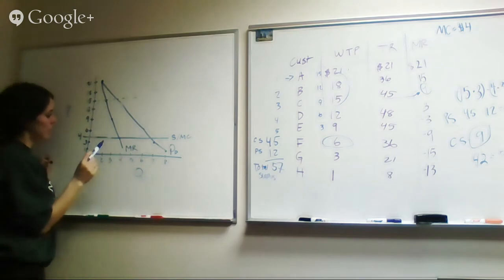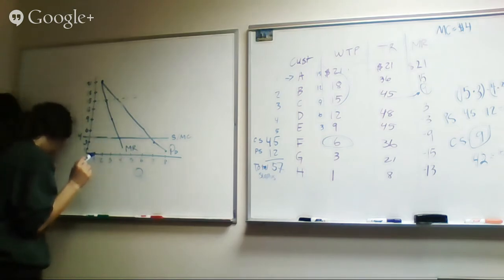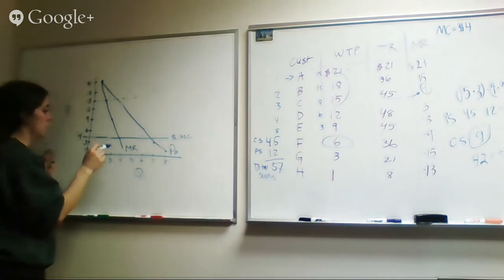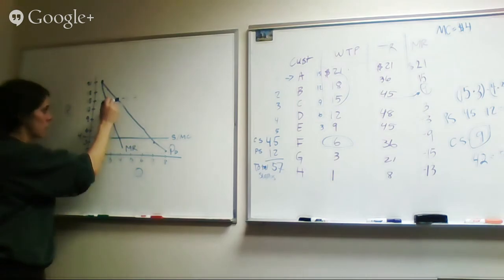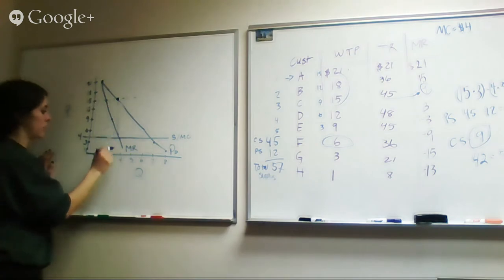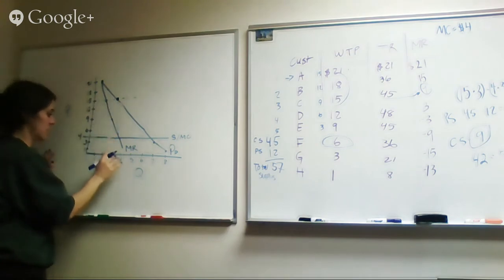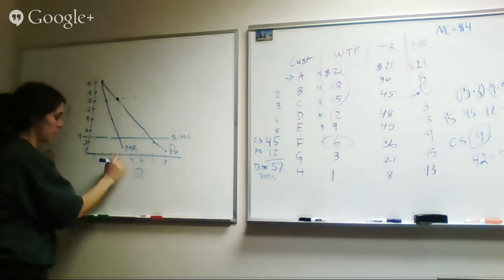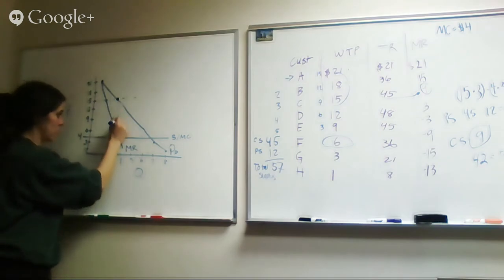Well, first of all, if you only sell this quantity, which should actually line up with 3, not 4, just because of my drawing. So this is actually a quantity of 3.